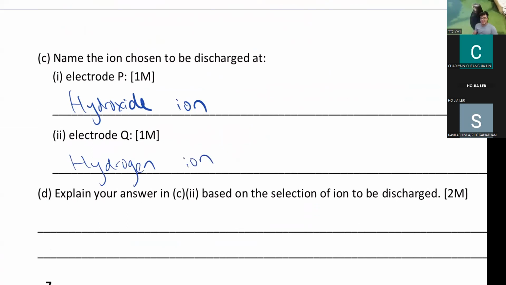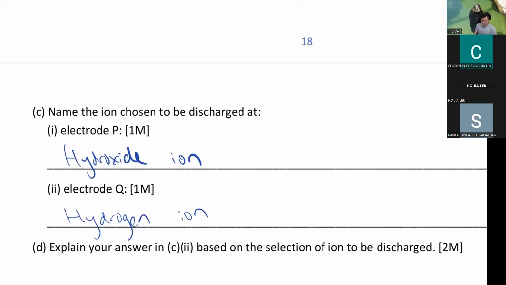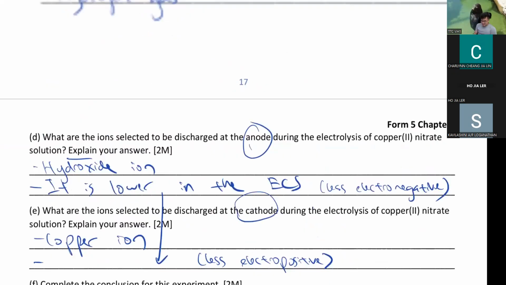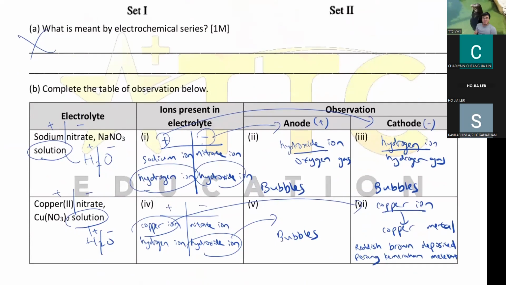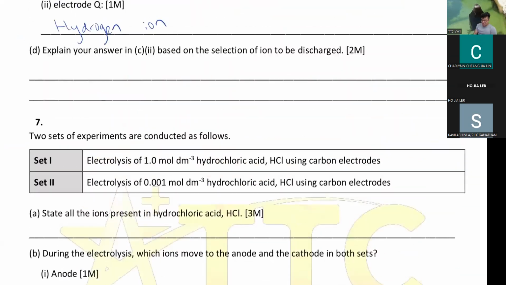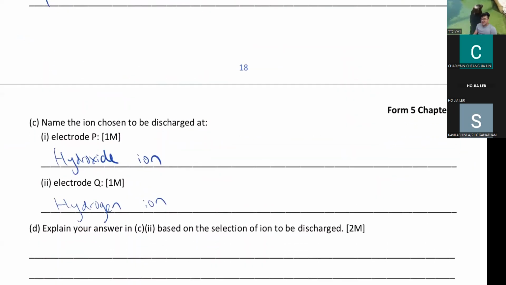Yes? Ken? Are you okay? Yes, cool. Same question. If you can do this, I don't see the reason why you cannot do the other. You can do the same question, but not the other same question. Right?